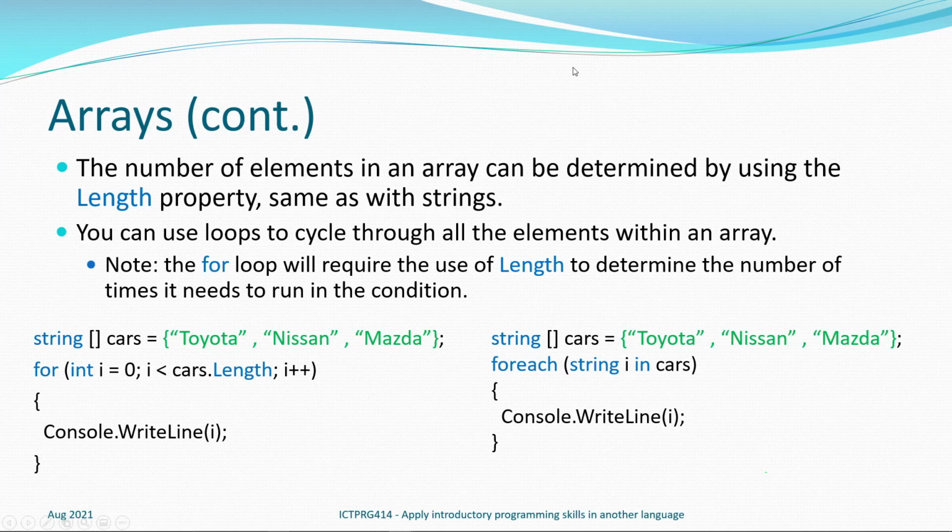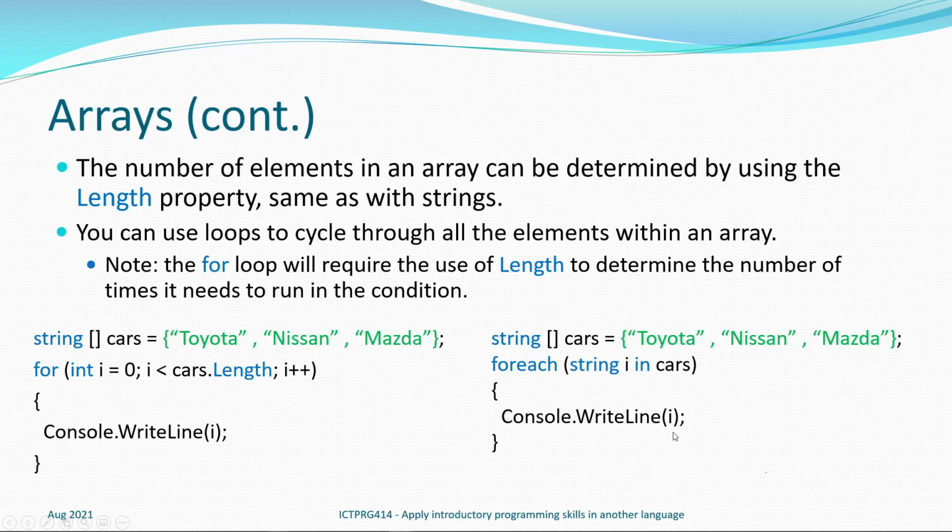So to do that, just like with the string property, we can use the length to derive a count. So in this case, length would be 3. So as long as i is less than 3, we'll print it out.